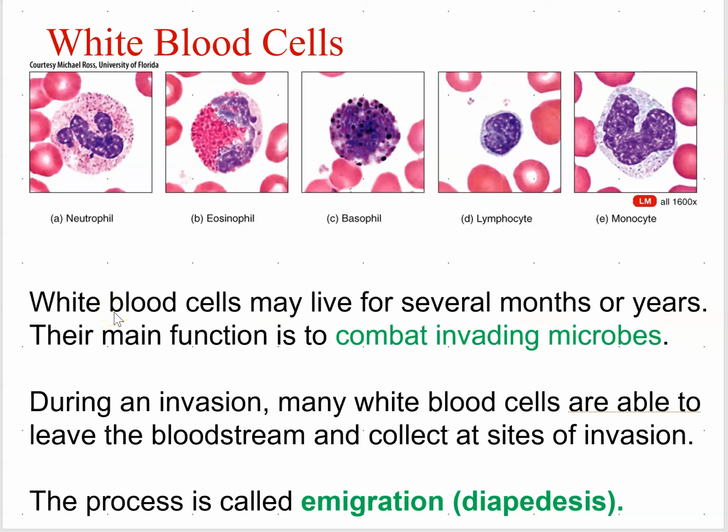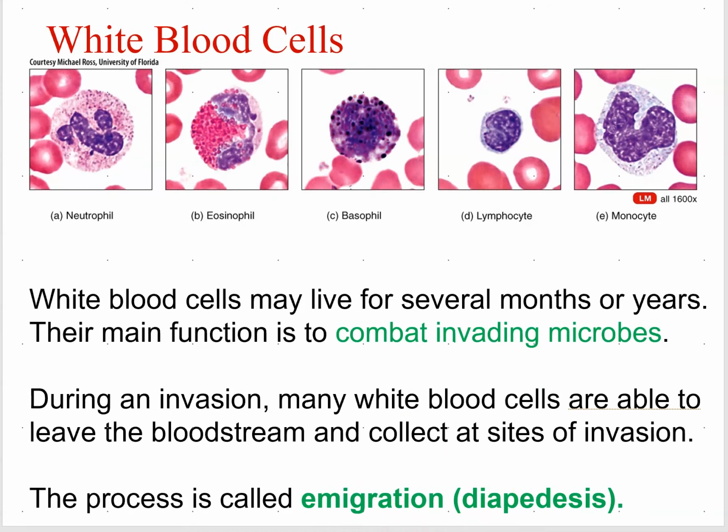Some leukocytes like eosinophils and neutrophils are granular leukocytes that release certain chemicals to destroy pathogens. So they're capable of leaving the bloodstream by squeezing through the epithelium, which is a process known as emigration or diapedesis.